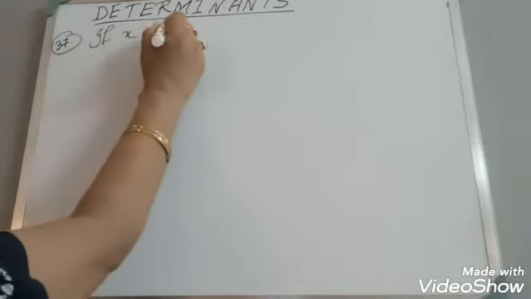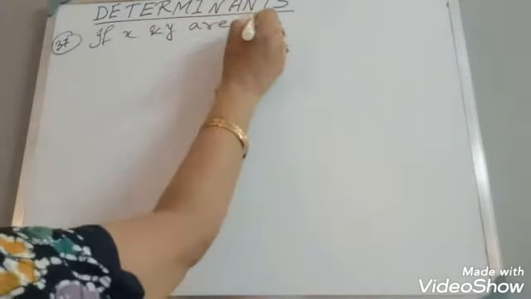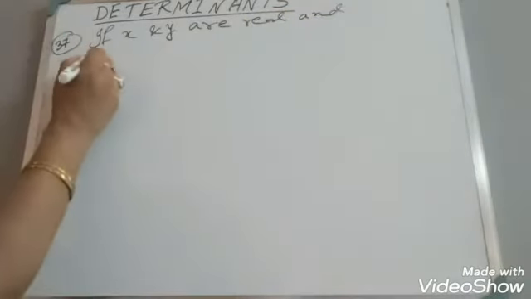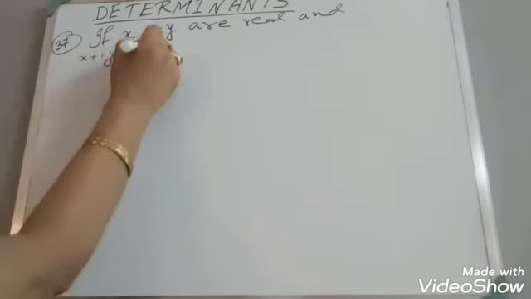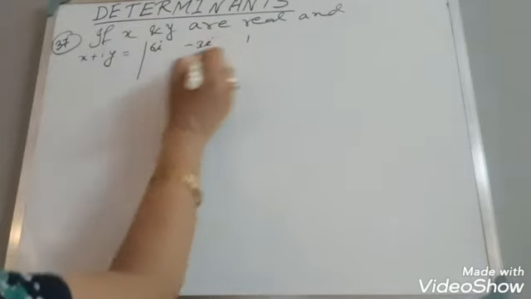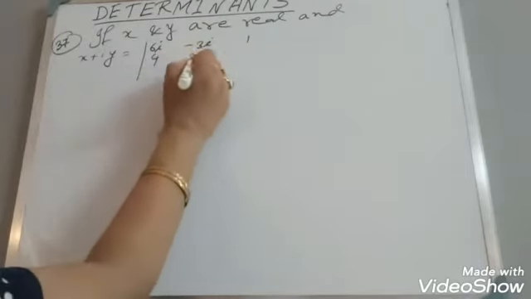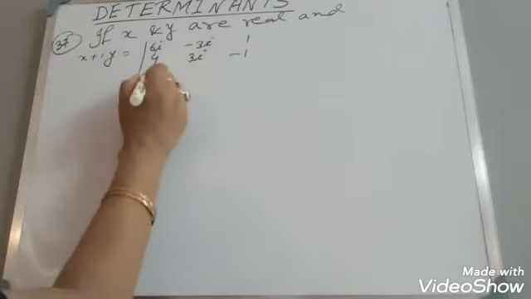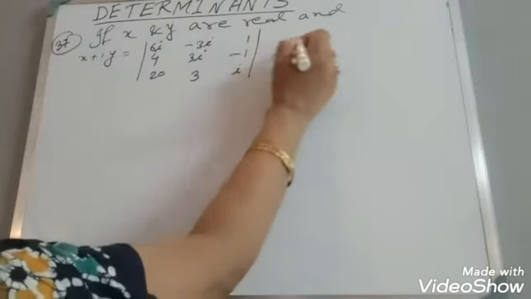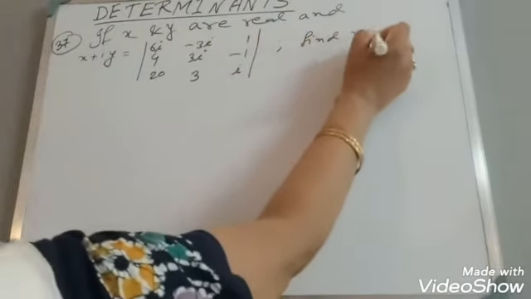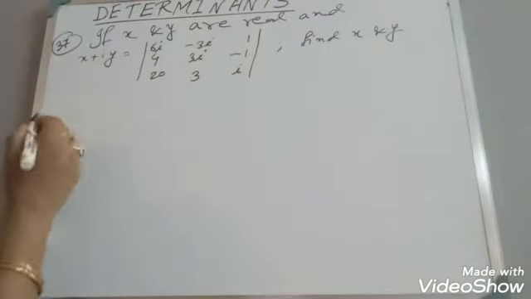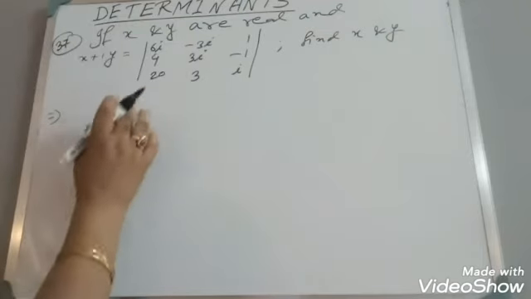If x and y are real and x plus iy is equal to the determinant with rows 6i, minus 3i, 1; 4, 3i, minus 1; 20, 3, i. Given, find x and y. Now x plus iy is already given here. I am doing the solution from here only.